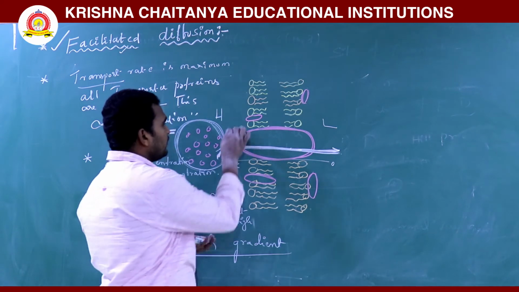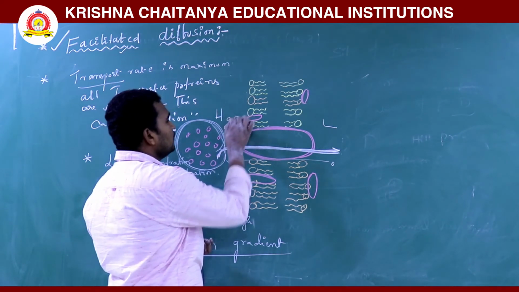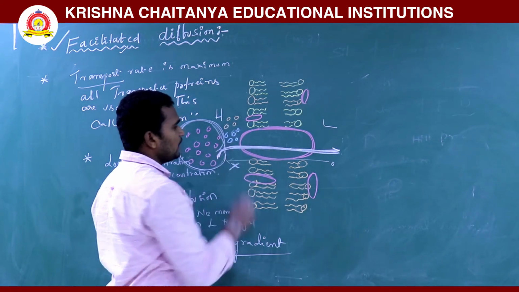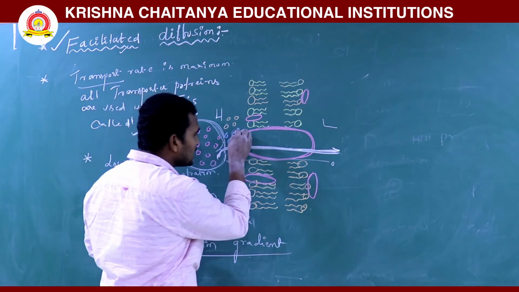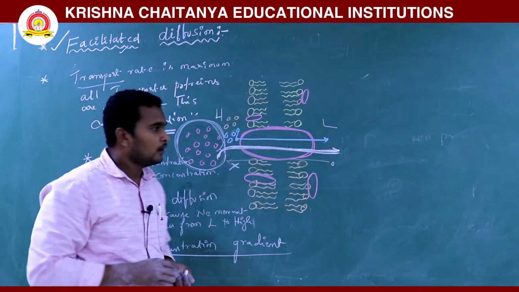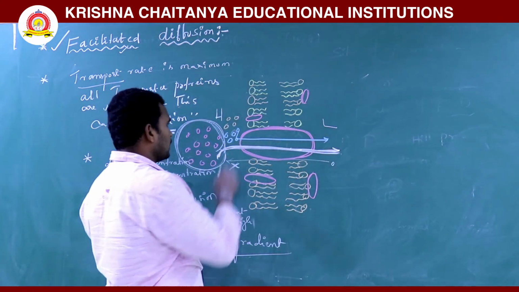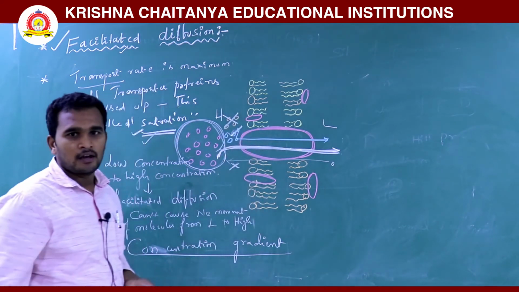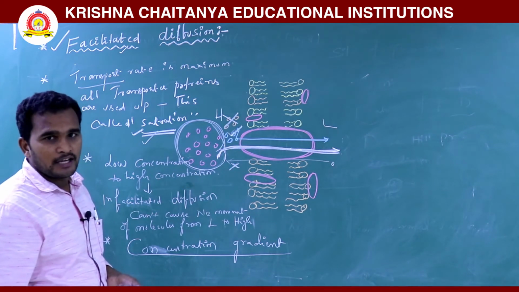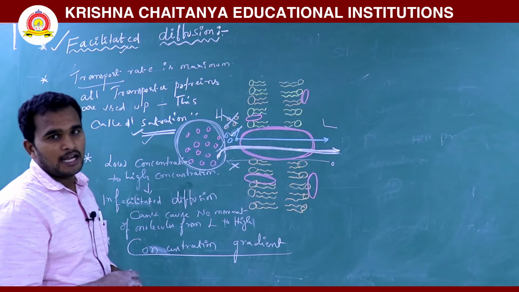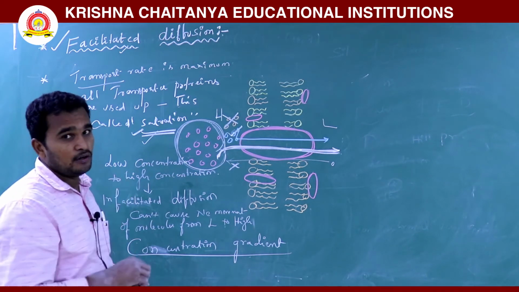Different particles are there, and the plant cell allows only what it requires. The remaining molecules are not allowed. So that's why it is highly selectively permeable.